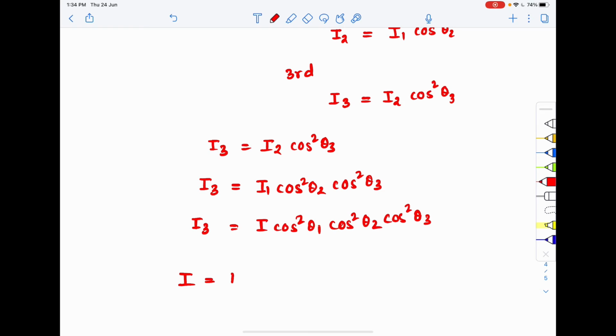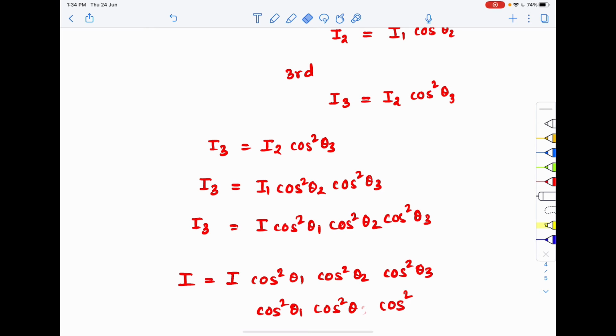So this will be equal to I cos square theta 1 cos square theta 2 into cos square theta 3. So from here we get that cos square theta 1 cos square theta 2 into cos square theta 3 should be equal to 1, for the maximum intensity.